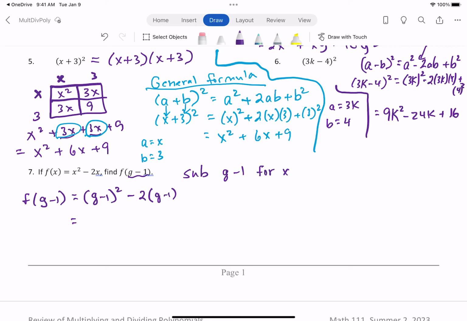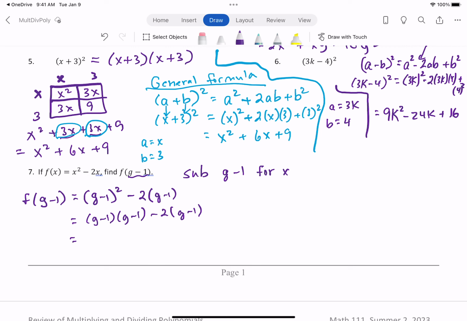If you want, you can just go ahead and write that out as g minus 1 times itself and work it that way. You can do it either way. So if we need to multiply the binomial times the binomial, if you don't use the shortcut, you can use FOIL, distribute, or the box method. I'm going to FOIL just for time's sake.